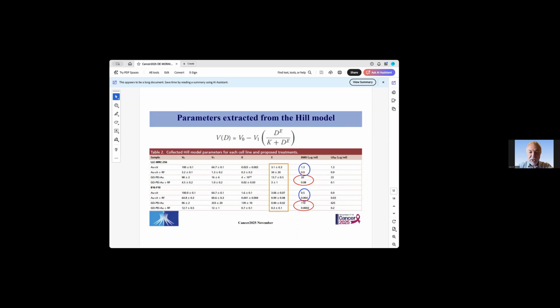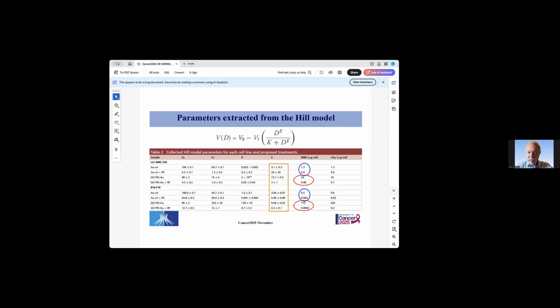For the Walker cell line, you can see that the gold nanoparticle, without application of radiofrequency, we have the E value about 3. So when you apply the radiofrequency, you have an E, one order of magnitude higher, 34.